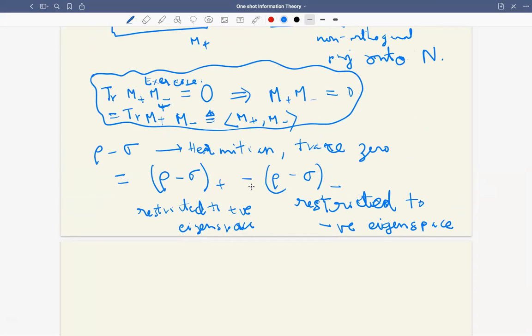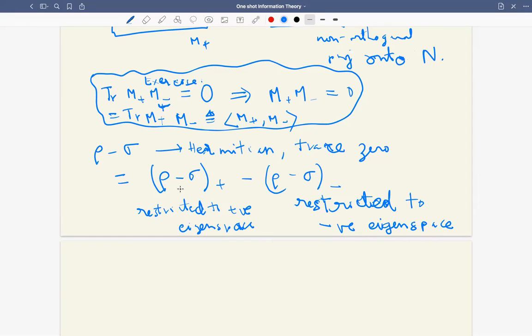There's a minus sign here, so the negative part is also a positive semi-definite matrix. I restrict to the negative eigenspace, but then I take the negation of those negative eigenvalues, and of course the remaining space is all zeros.